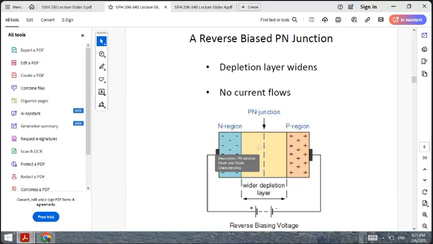If we continue increasing the biasing voltage, we widen the depletion layer much more, and that, if it continues, can destroy the PN junction.